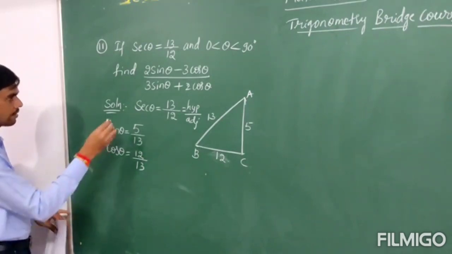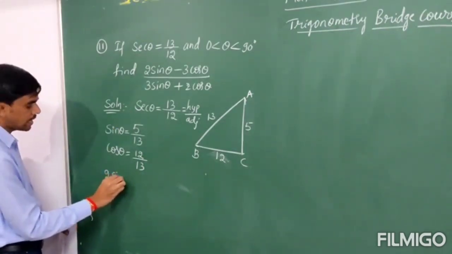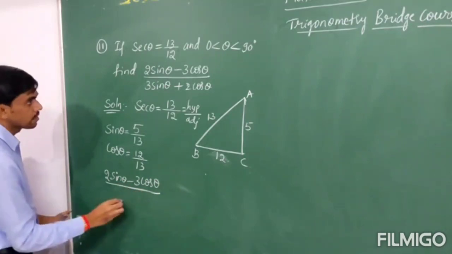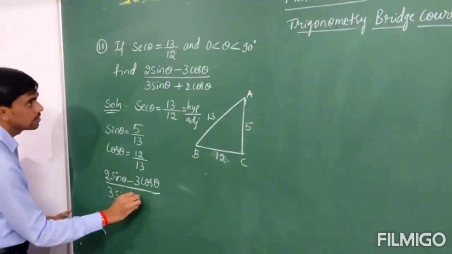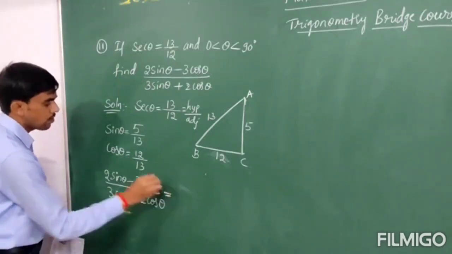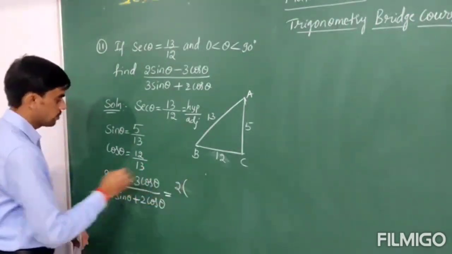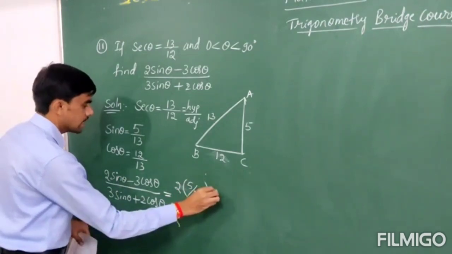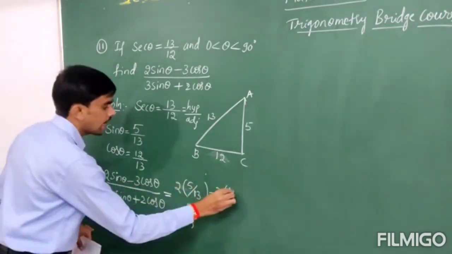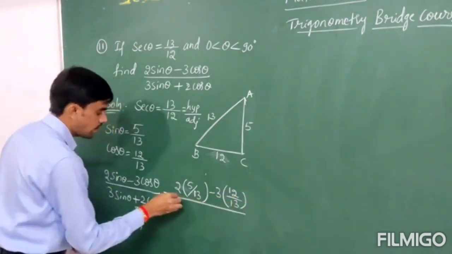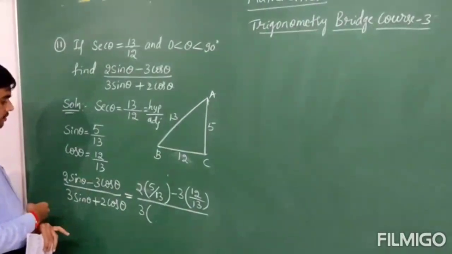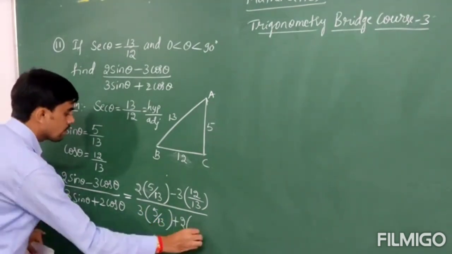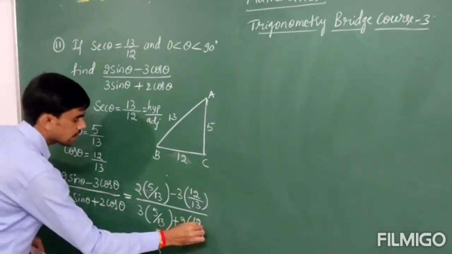Next, we have to find the value of 2 sin theta minus 3 cos theta divided by 3 sin theta plus 2 cos theta, which is equal to 2 into 5 by 13 minus 3 into 12 by 13, whole divided by 3 into 5 by 13 plus 2 into 12 by 13.